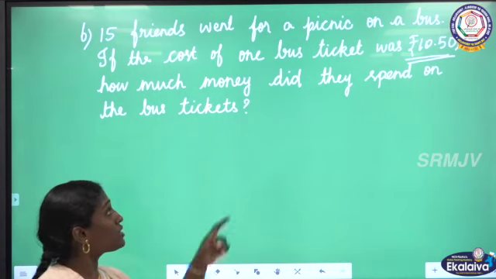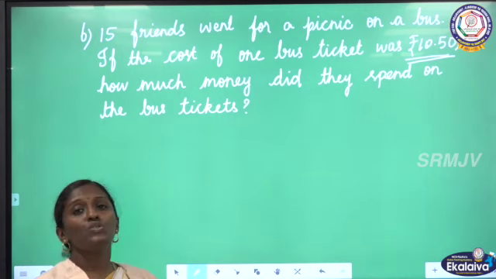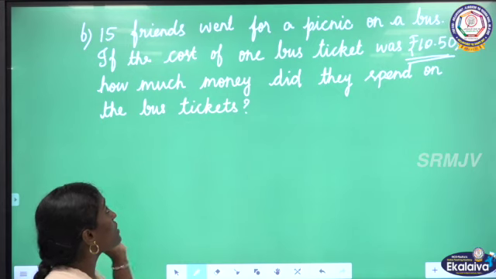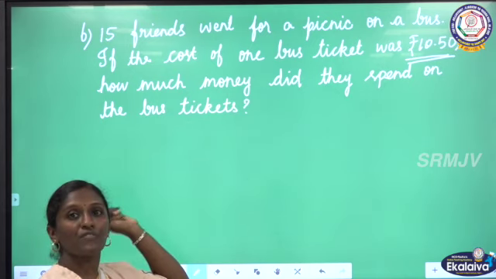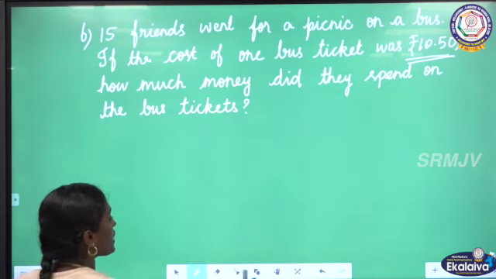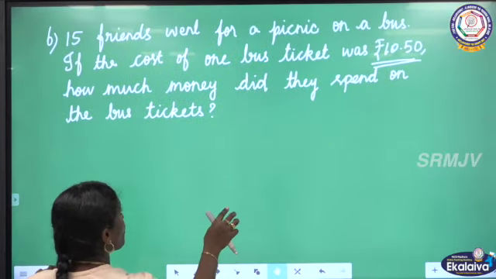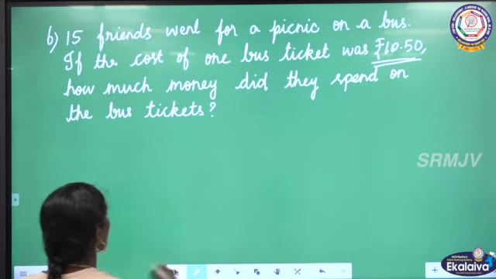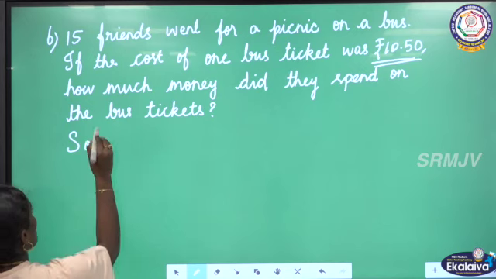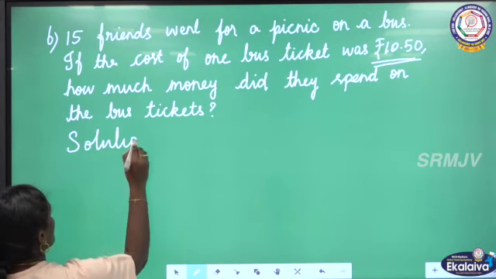Cost of one ticket is rupees 10.50. So we have to find out the cost of 15 tickets because 15 friends went for a picnic. Okay. So from the cost of one bus ticket, we are going to find out the cost of 15 bus tickets.